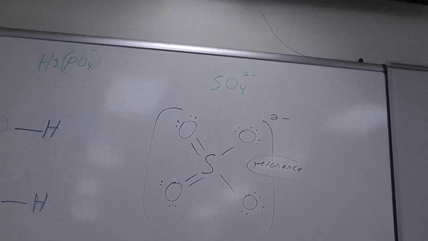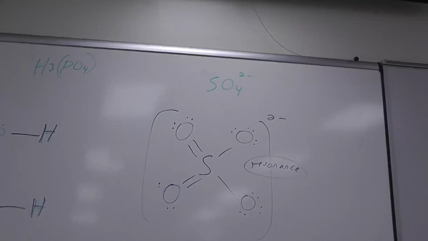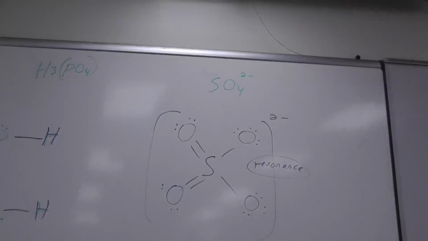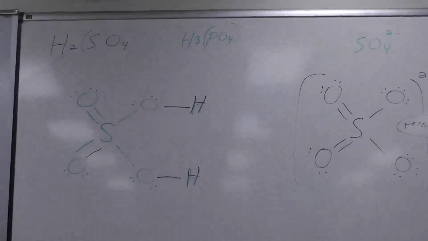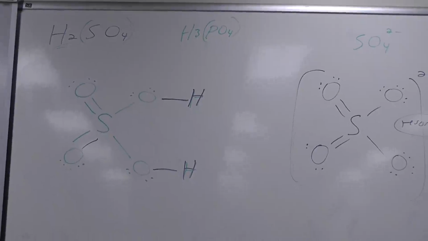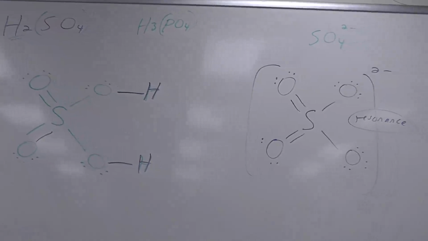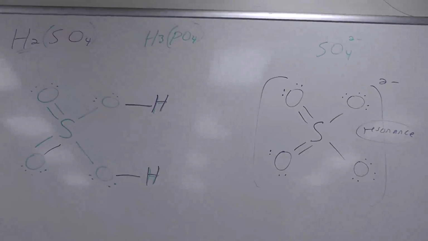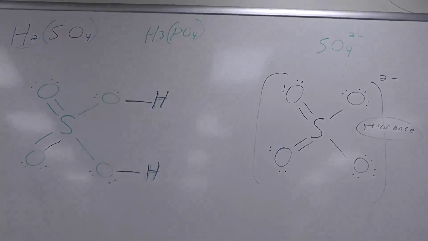No, because it's perfectly fine the way it is, right? When you have that structure for sulfate, 2 of them at any given moment are going to be okay the way they are. They're perfectly content with their double bond. It's 2 that are still seeking an extra bond. And so it's going to be a 2-hydrogen acid. You see how that's related? You see that this does not have resonance, but sulfate does.